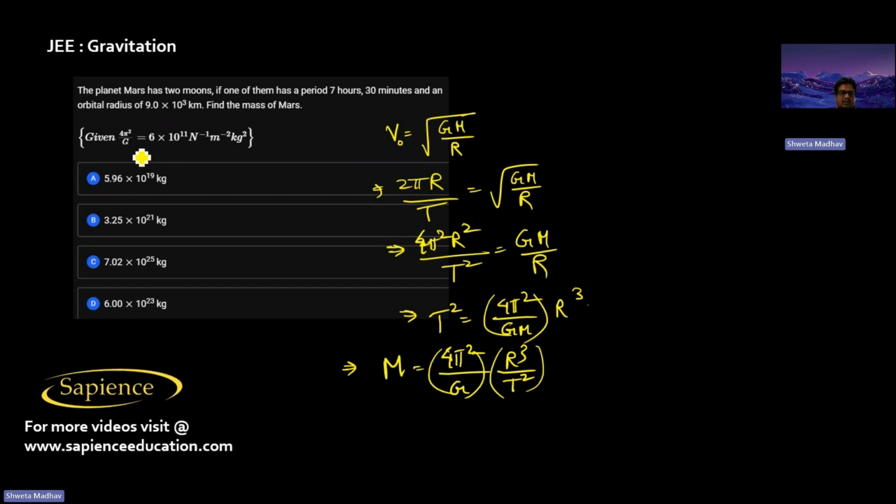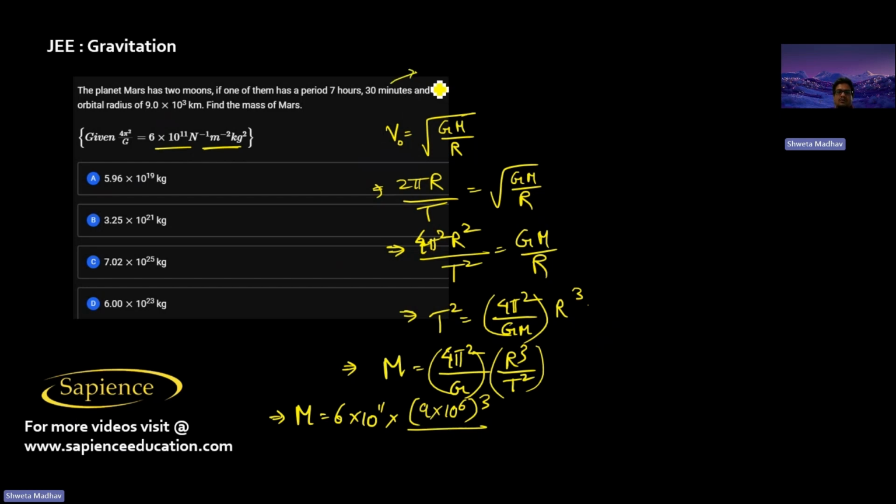And the value of 4 pi square by G has been told as 6 into 10 power 11 in SI units. So the mass of Mars will be equal to 6 into 10 power 11 into r cube. R is 9 into 10 power 3 kilometer, so 9 into 10 power 6 meters, cubed, divided by the time squared.